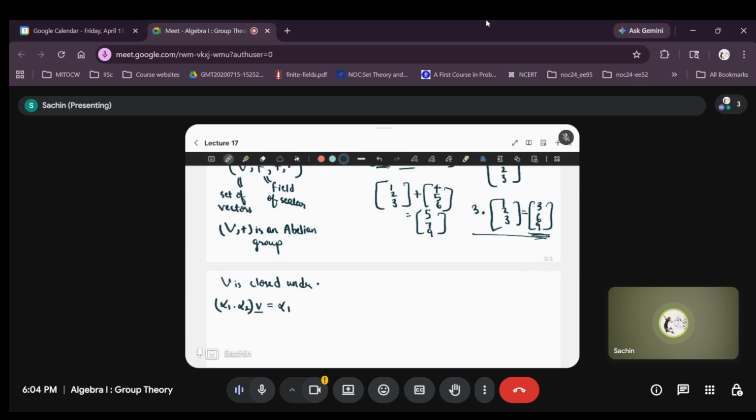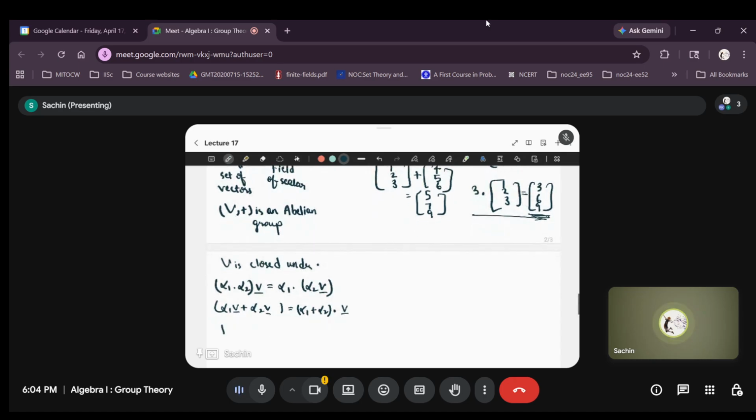This must be equal to alpha 1 dot alpha 2 times vector V. And alpha 1 vector V plus alpha 2 vector V is equal to alpha 1 plus alpha 2 dot vector V. Finally, the last property is that 1 dot vector V must be equal to vector V. These all hold in the example also. 2 times 3 times 1 2 3, which is 6 times 1 2 3, is 6, 12, 18.